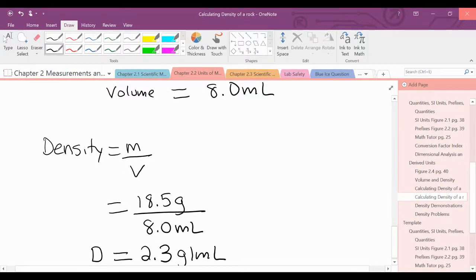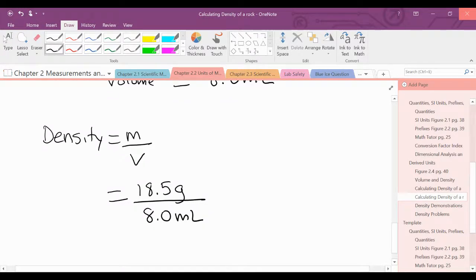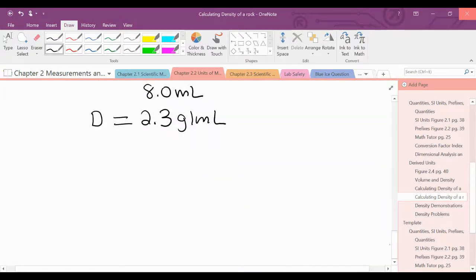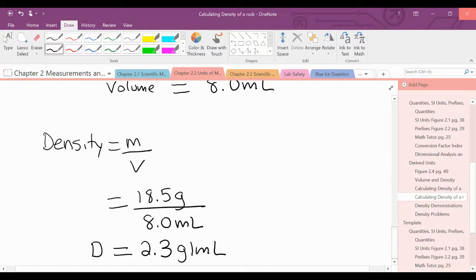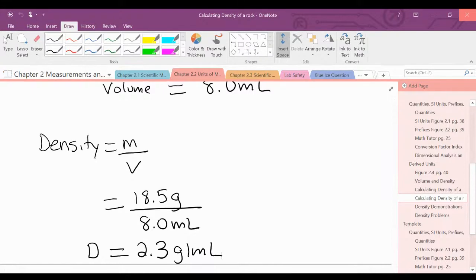So in the two examples I did today, the rock and the box, we had density units that were grams per centimeter cubed and grams per milliliter. The grams per centimeter cubed, because I was using a ruler to find the volume.